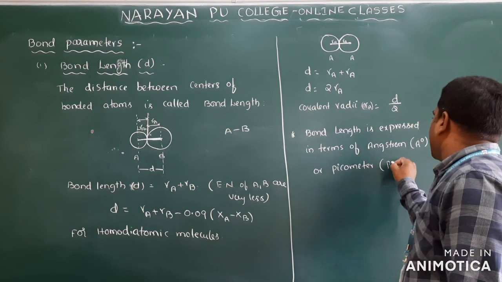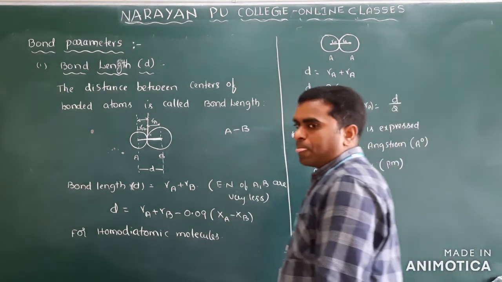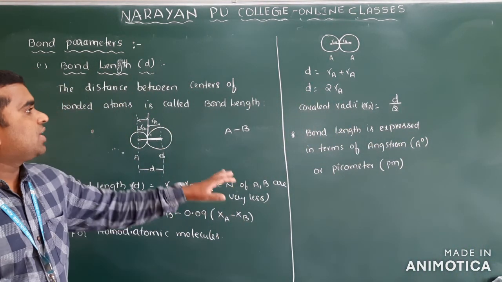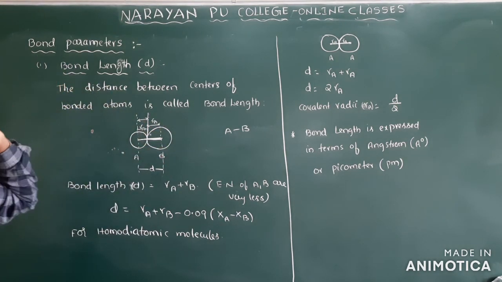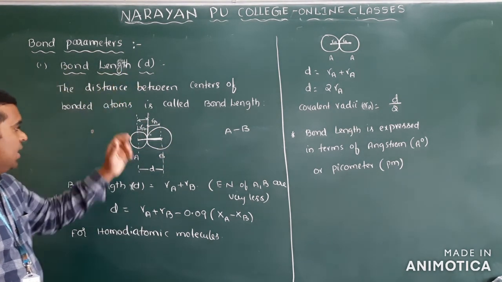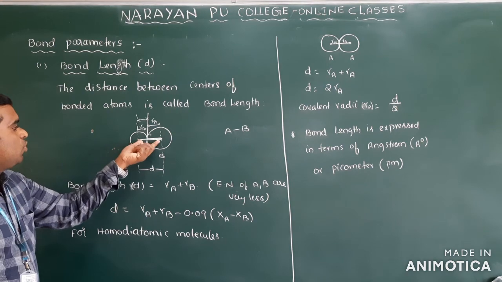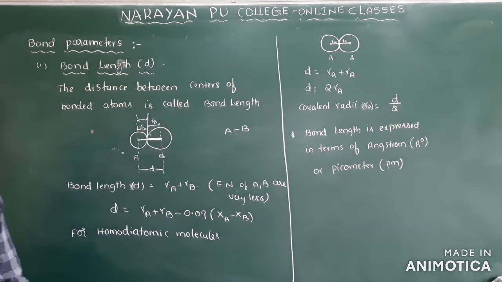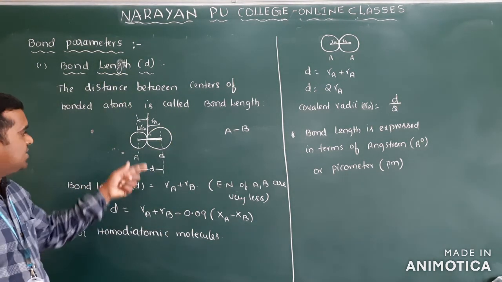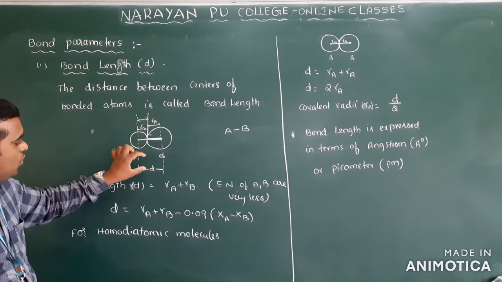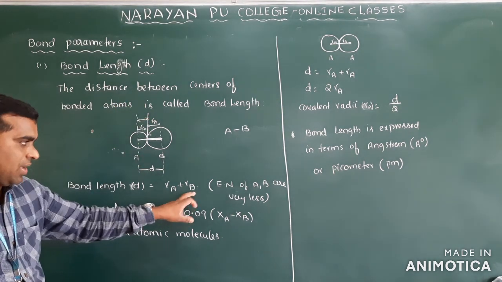Picometer symbol is here. Clear? So this is about the bond parameter. Bond length means the distance between the centers of two bonded atoms is called the bond length. And bond length D is equal to the sum of the radii of two atoms, RA plus RB.